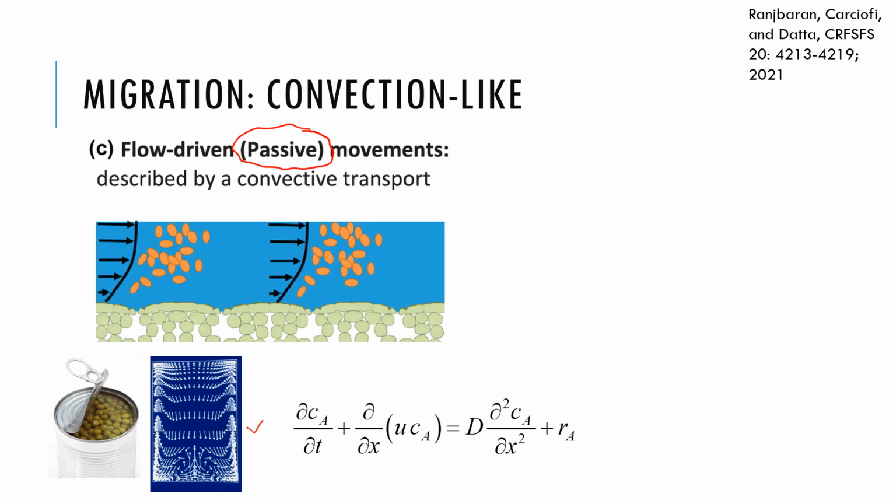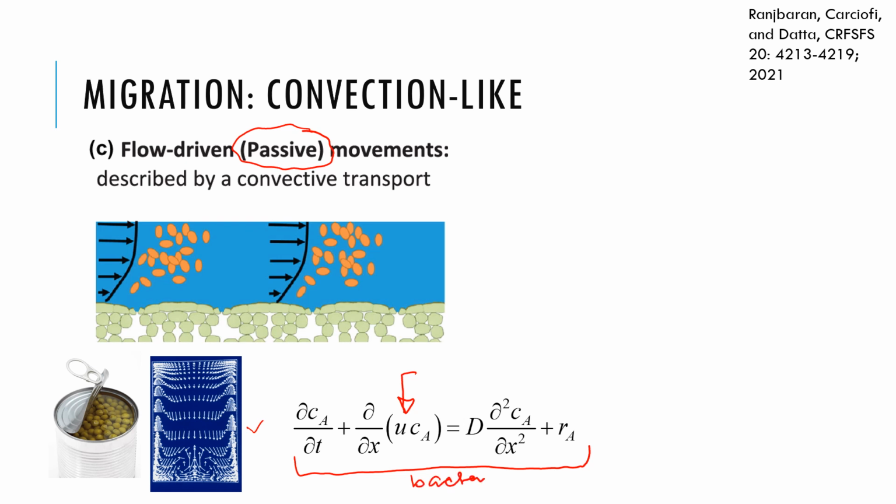It's not because the bacteria is doing something by itself. It's simply being carried as part of a convective transport. So in this passive movement of bacteria simply being carried by the flow, we can include it in the transport equation simply by saying that the velocity of the bacteria is equal to the velocity of the fluid. To repeat, this equation is for transport of bacteria.